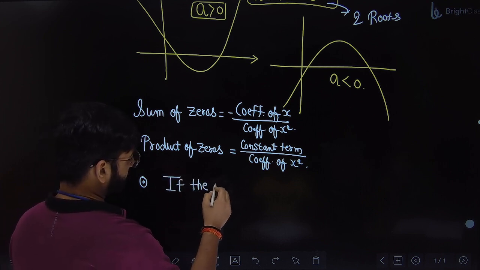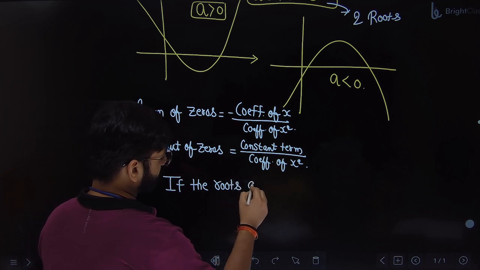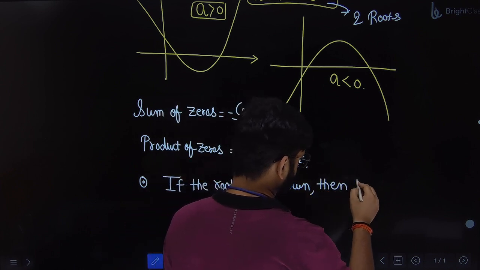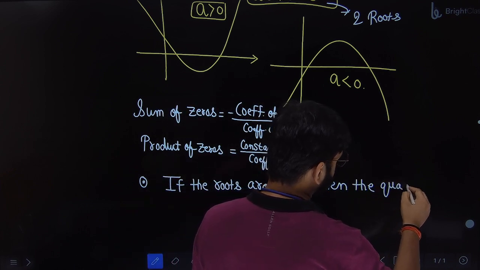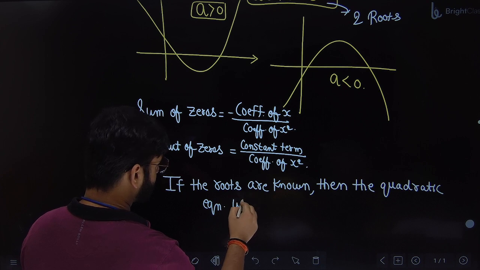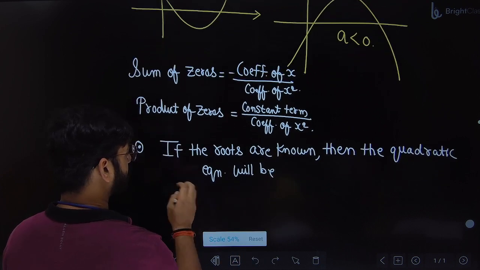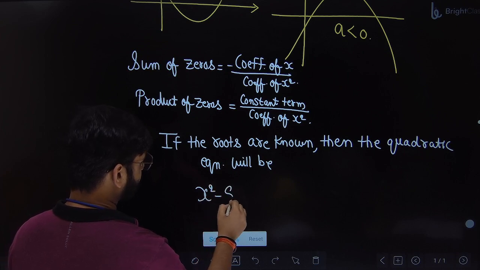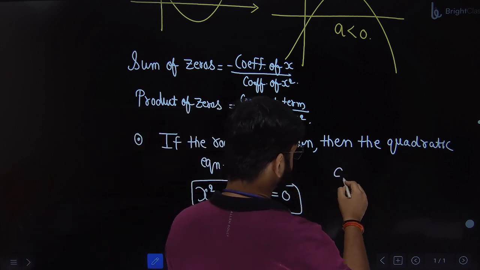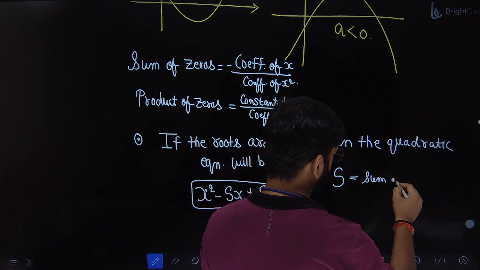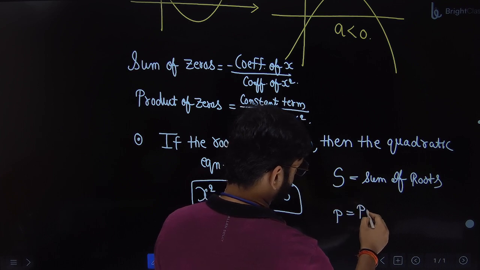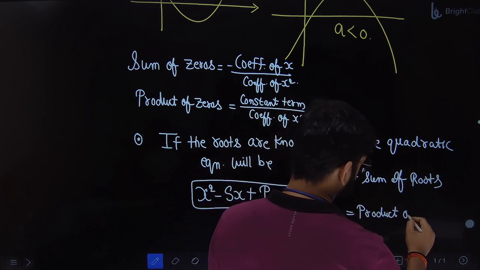So if the roots are known, then the quadratic equation will be x square minus s x plus p equal to 0, where s is the sum of roots and p is the product of roots.